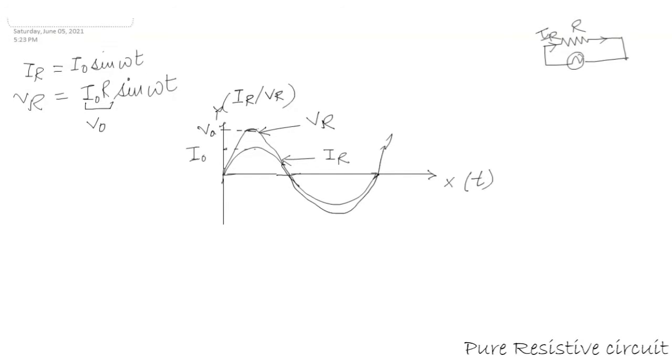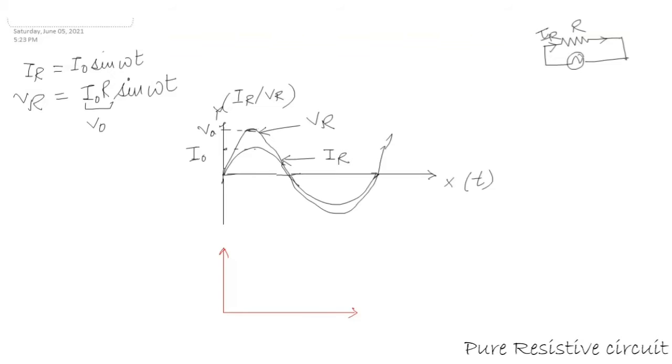Now let's move to the phasor diagram. Again consider an XY axis. Here this graph is I naught sine omega t, which is a wave, and VR equals V naught sine omega t, which is again a wave.